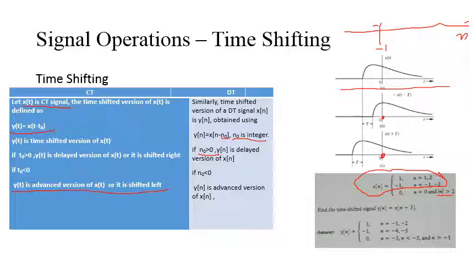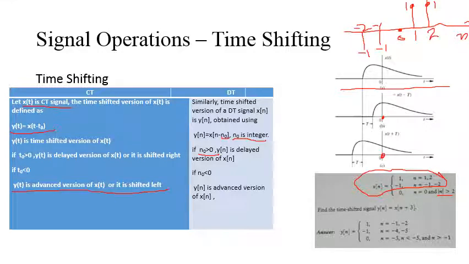Then at -2, again the signal has a value of -1. This is 0, and at 0 it has a value of 0. Then at 1 and 2, it has a value of 1. This is 1 and this is index 2.